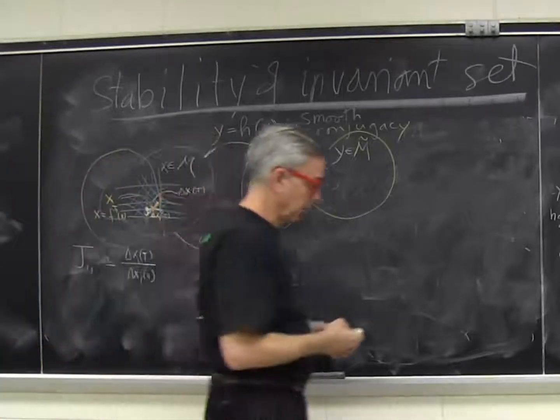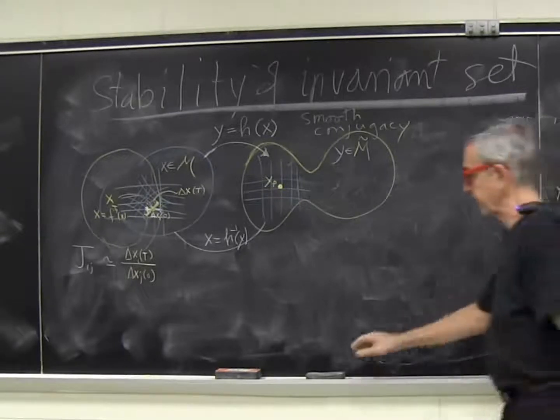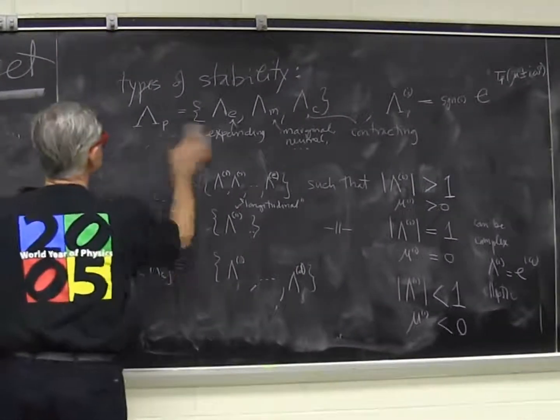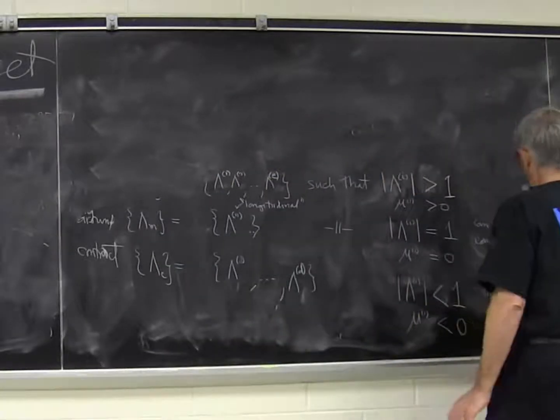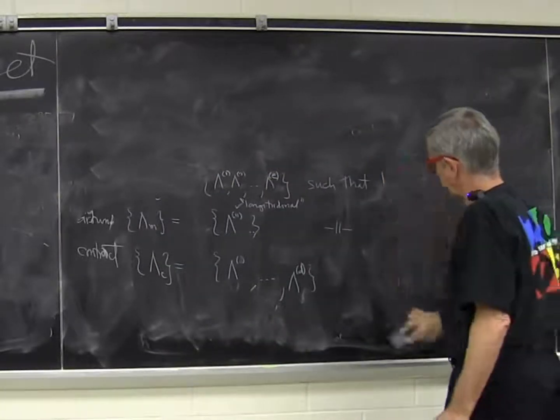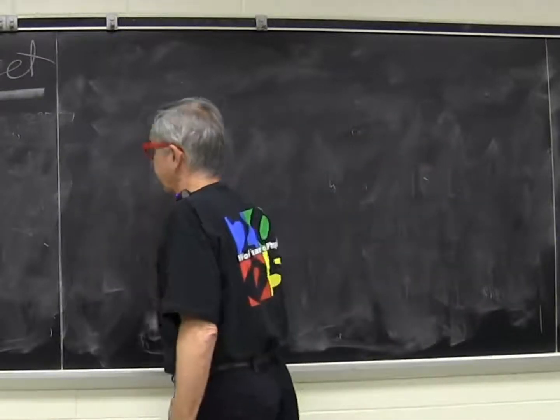Now I'll work out the algebra for it. I'll do it in two steps. And the first step is really a subset of the second one, but it looks a little bit different.